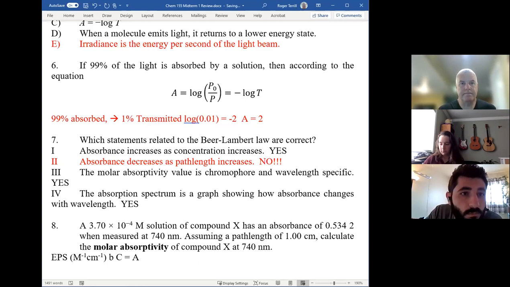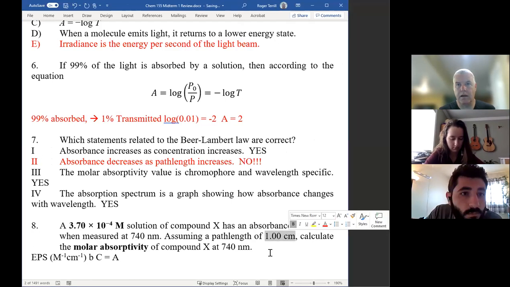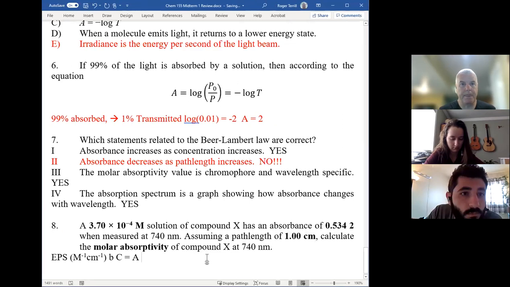So, what do we know here? We know c. We know A. And we know b. So let us calculate. Epsilon will equal A over b c, right?